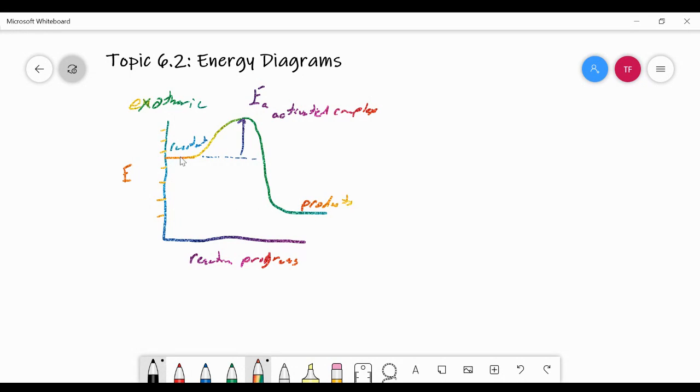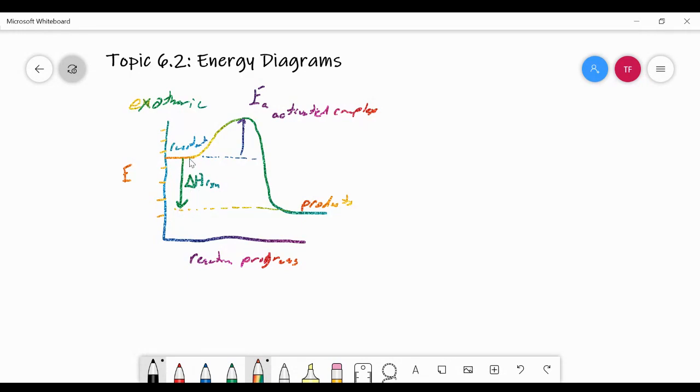Now notice energy went from reactants down to the products. So if we extend this line for our products, this difference is the amount of energy that was lost in this reaction. This is called the enthalpy of reaction. It was the energy that was lost in the reaction. Notice it's downward.